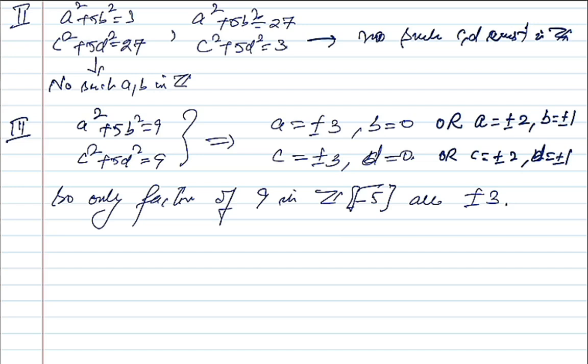So the only factors of 9 in Z[square root of -5] are one plus minus 3, and the other plus minus 2 plus minus square root -5. So that is 6 factors.